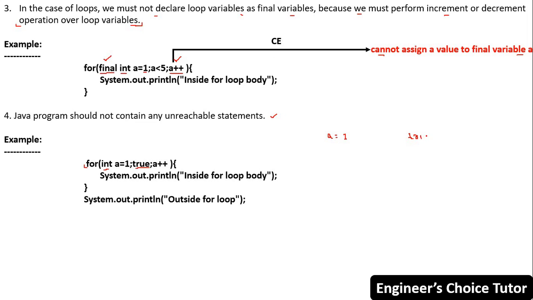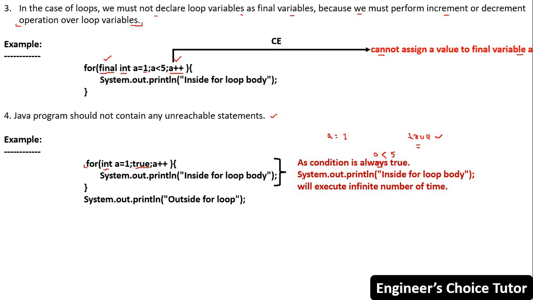You are not using any expression like a is smaller than 5, you are just writing true. It means it is always true. Am I correct? As the condition is always true, this System.out.println inside the for loop body will execute an infinite number of times by the JVM.